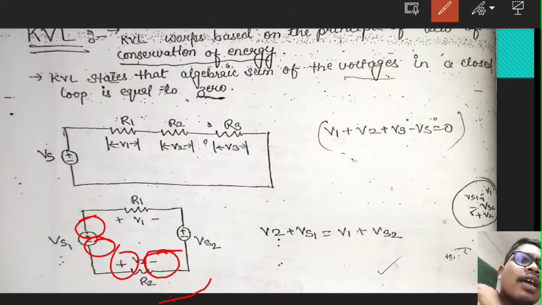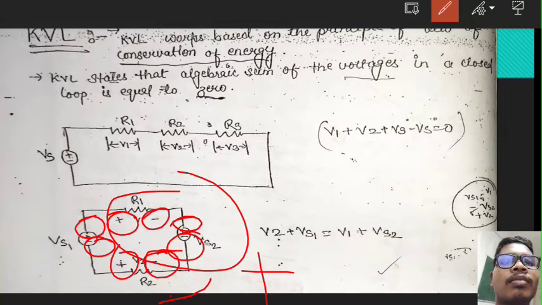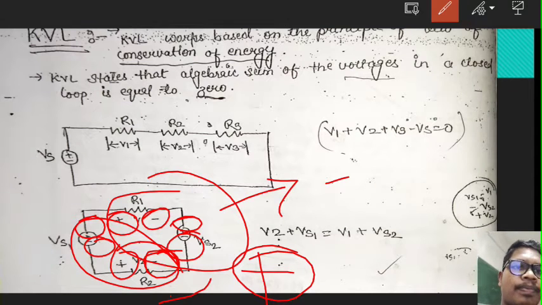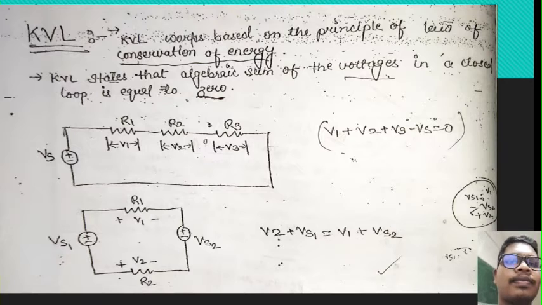They are equal in sign, so they are added, meaning they are positive. Here it is positive then negative, positive then negative, so both are in opposite sign. Please add all these things.